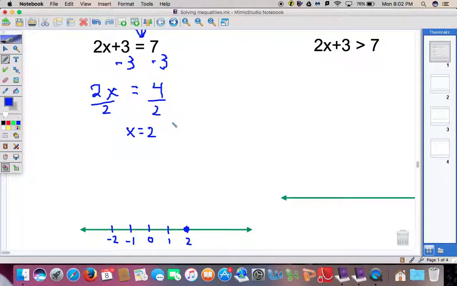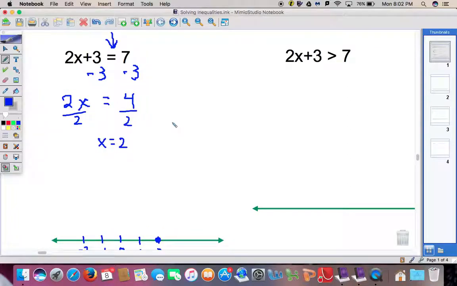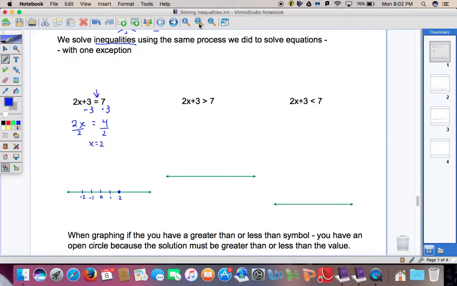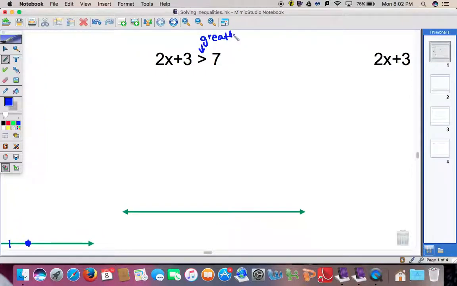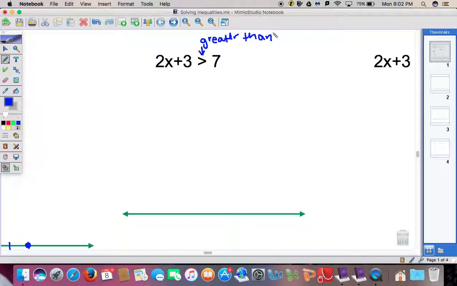Now, to solve an inequality, we're going to use very similar steps. Our inequality is that 2x plus 3 is greater than 7. This is our greater than sign. We're going to solve this using the same method. Our first step is to subtract 3 from each side, so we can isolate the 2x.